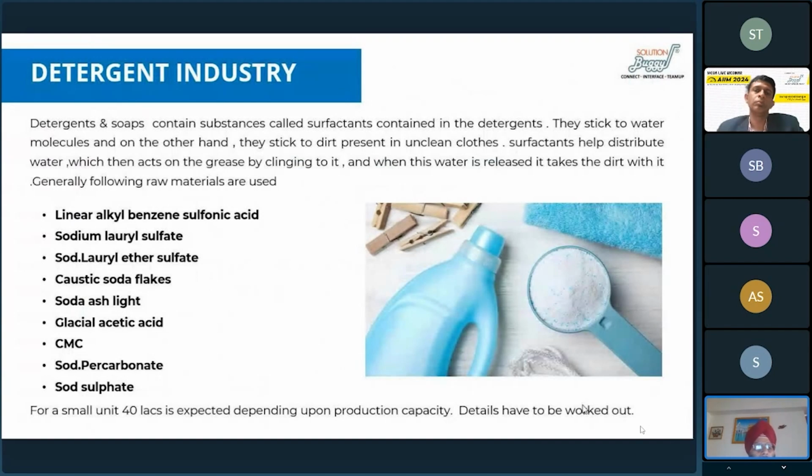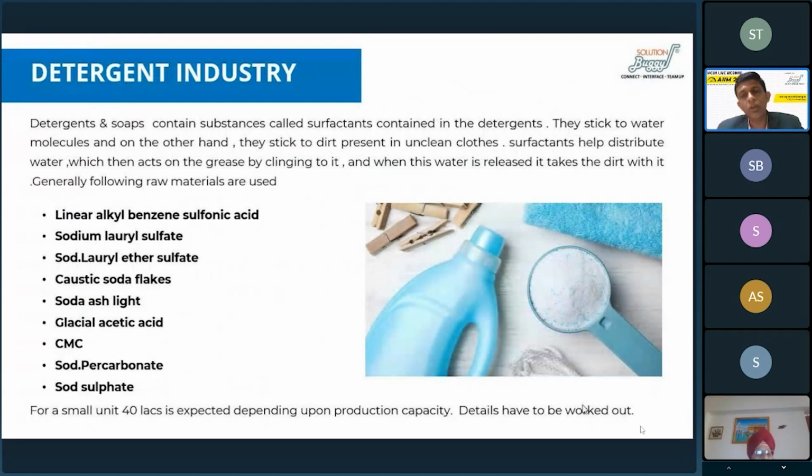Surfactants in the water act on the grease by clinging to it, and when this water is released to the drain, the grease also goes off with the water, and that way the clothes are clean. The different chemicals used in detergents are linear alkyl benzene sulfonic acid, sodium lauryl sulfate, sodium lauryl ether sulfate, caustic soda flakes, soda ash light, and glacial acetic acid.